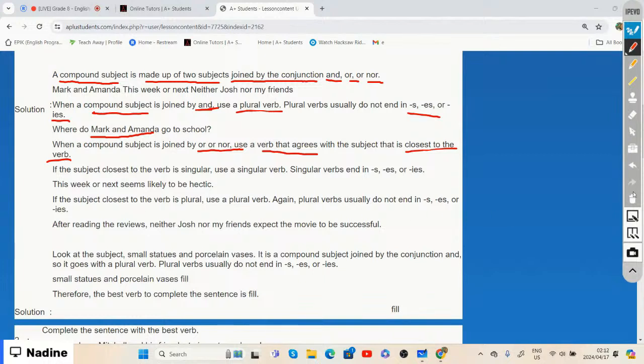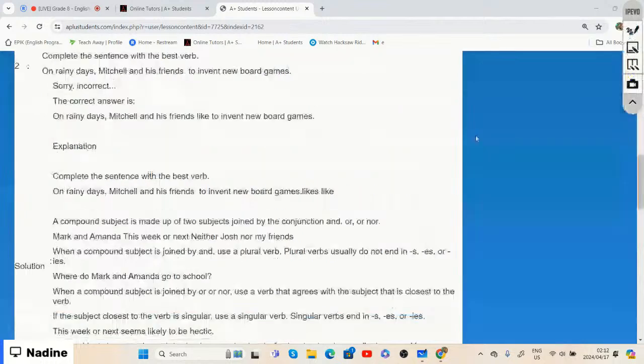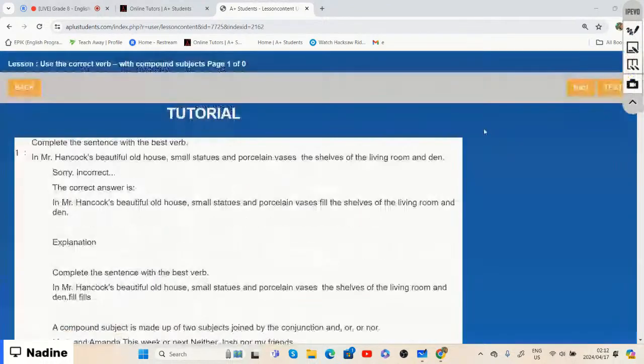All right. So if we look at our activity, it says, in Mr. Hancock's beautiful old house, small statues and porcelain vases the shelves of the living room and den.